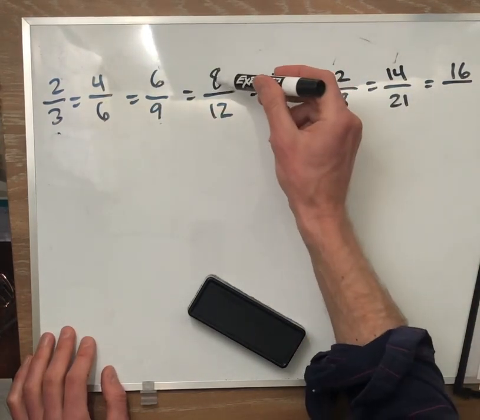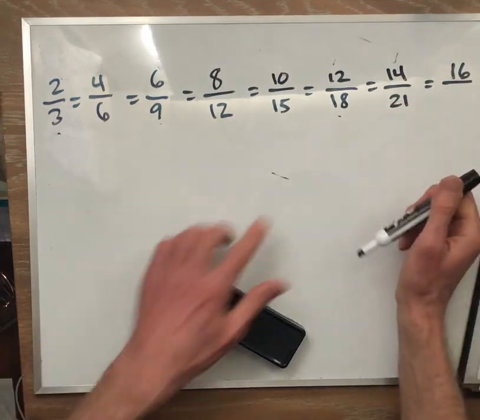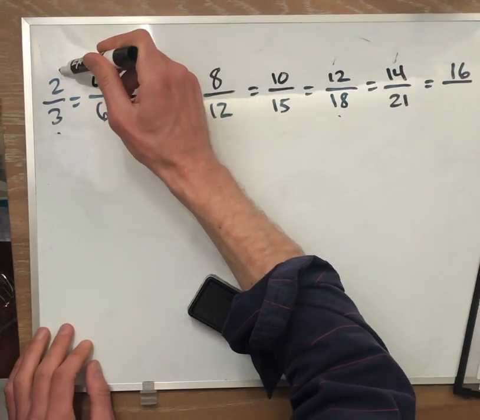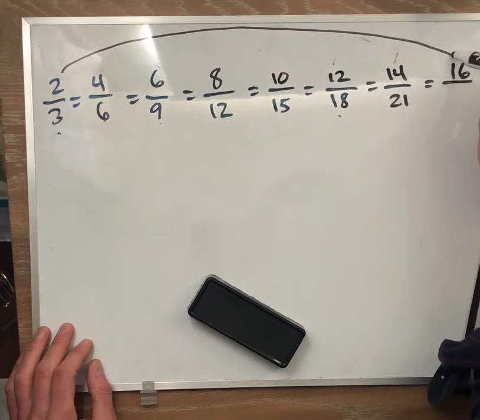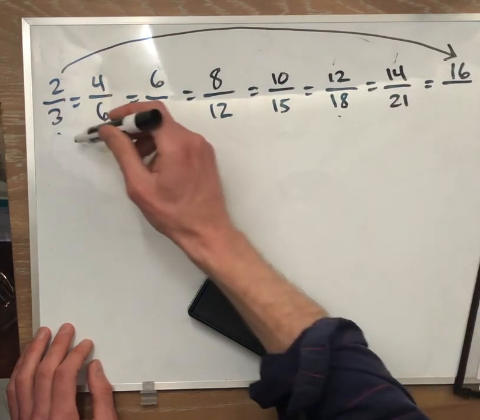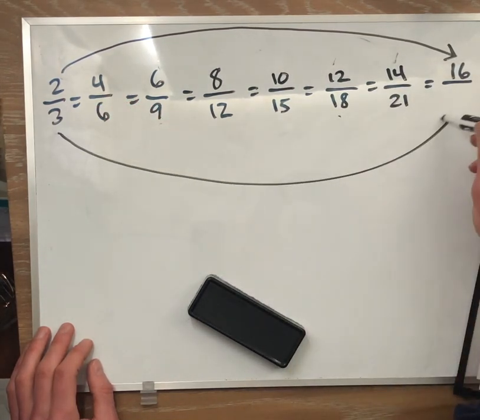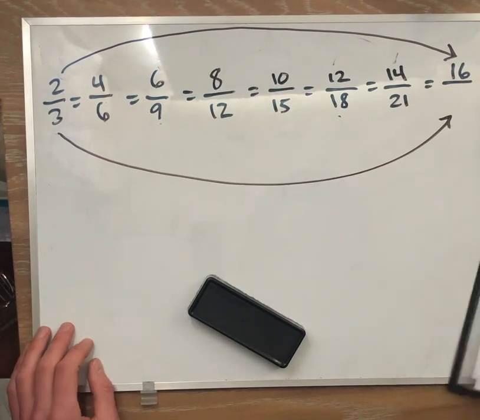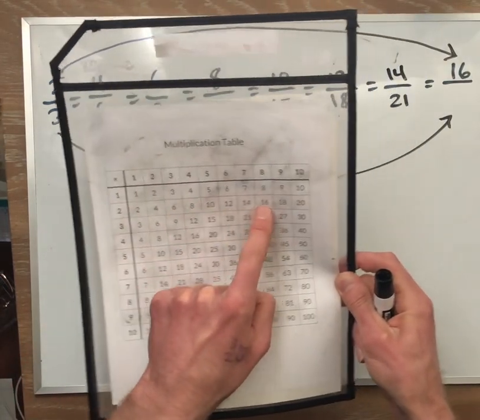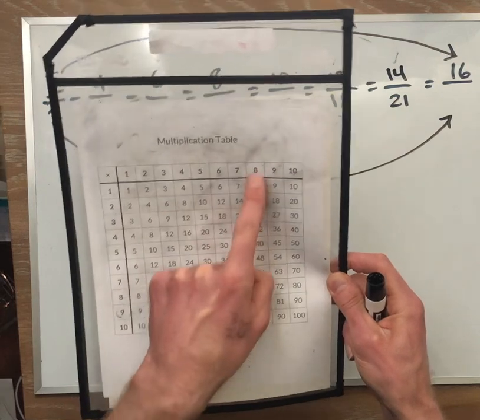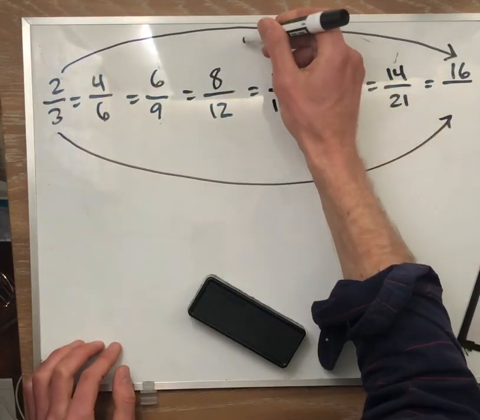I could just double the 8 and then double the 12, but I think I'm just going to keep going from the 2. 2 times what is 16? Ding, ding, ding. 2 times 8. 2 times 8 is 16.